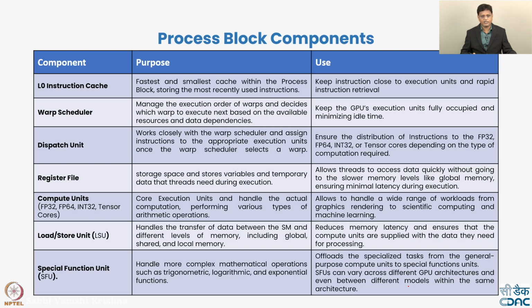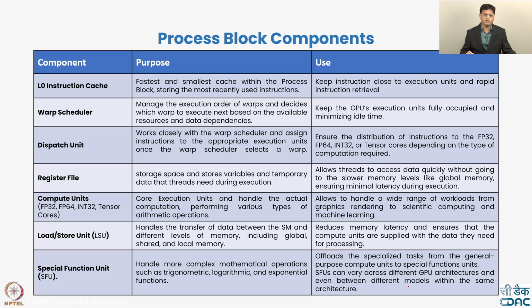Next unit was the warp scheduler, which, as I discussed, manages the execution order of the warps and decides which warps to execute next based on the available resources and the data dependency. Suppose there are 5 warps available and out of 5 only 3 warps are ready with all the data, then the warp scheduler can take a call to schedule any of the 3 to the resources. It always tries to keep the GPU execution units fully occupied and minimize the idle time.